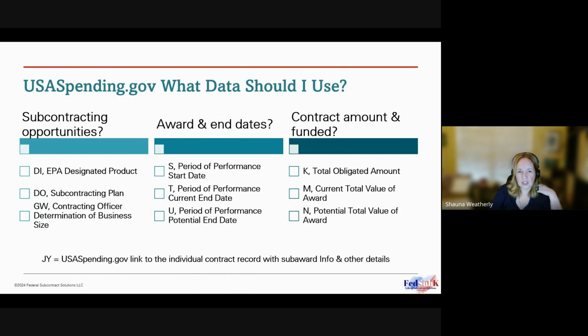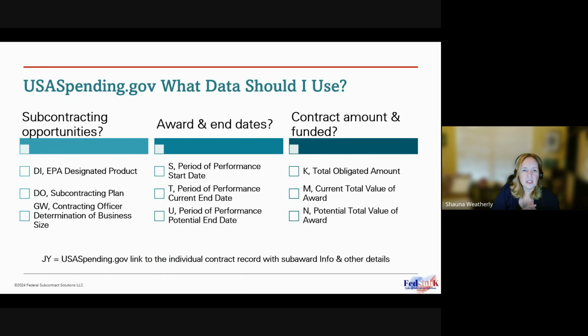Also, subcontracting opportunities are really important now with small businesses teaming with other similarly situated small businesses. The reason that's important is because similarly situated small businesses now can count a prime who, let's say, is a woman-owned small business who subs to another certified woman-owned small business, can count that subcontract dollars toward their limitation in subcontracting dollars.